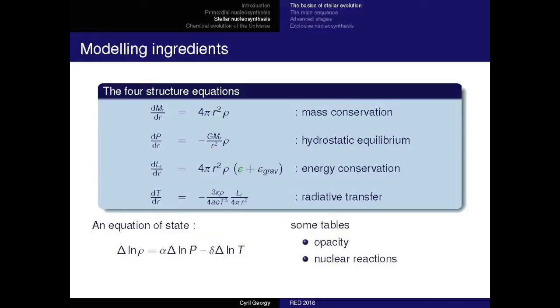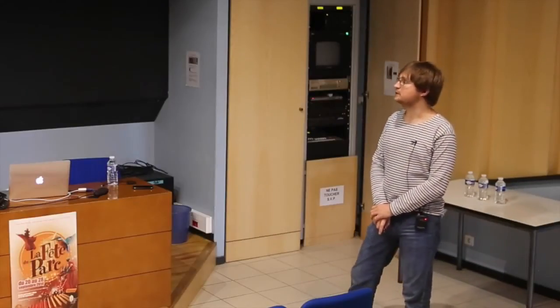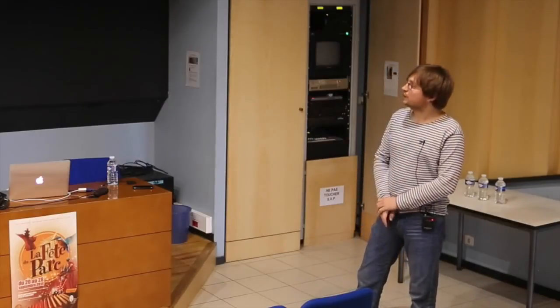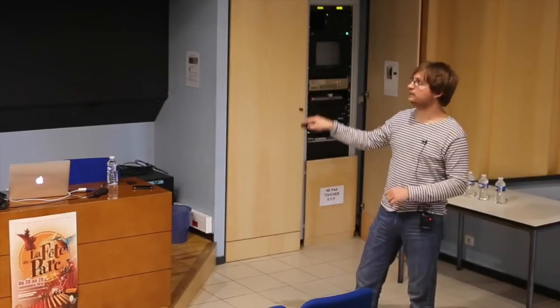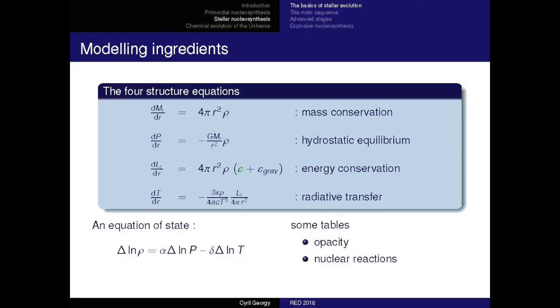We have tables of different kinds of reactions telling us, okay, at this temperature and density, you will have this kind of reaction, and they will produce this amount of energy inside the star. So once you have all this, you are able to solve these equations here and make a stellar model.